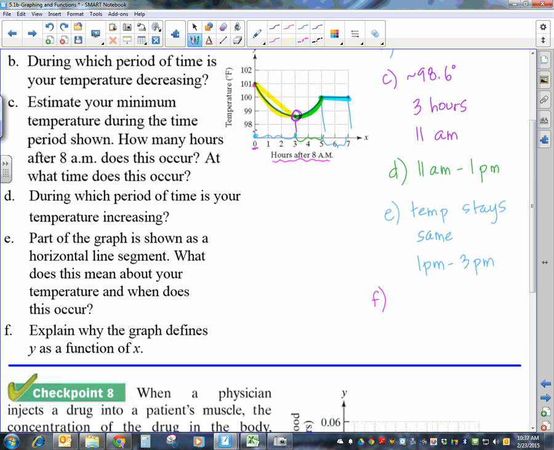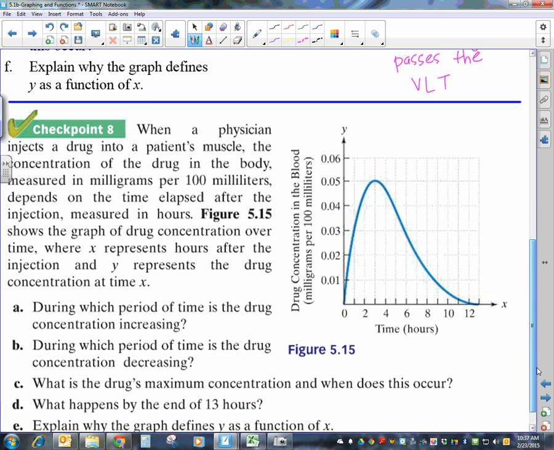Why is y a function of x? Because the graph passes the vertical line test.